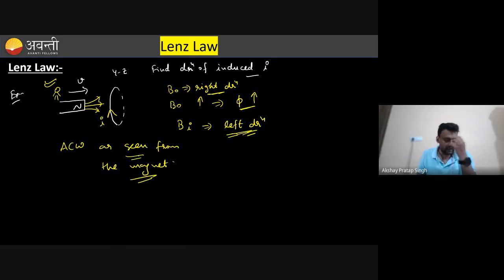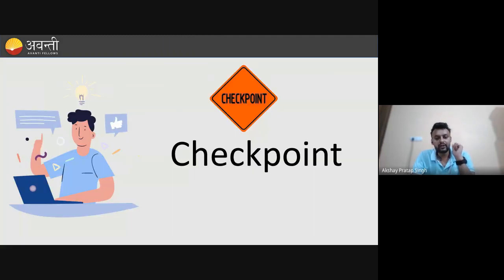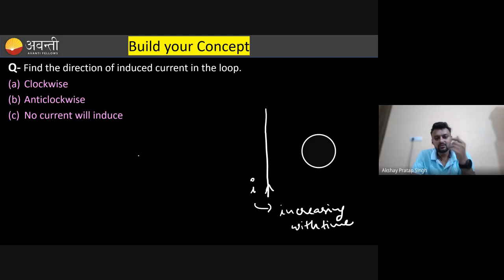Now, on this note, I will give you some questions. The checkpoint is on the next slide. You can see this is the first question on your screen, and you need to answer. Three options are there: A, B, and C. The question is to find the direction of induced current in the loop. This loop is placed in the XY plane. I am just describing the question.